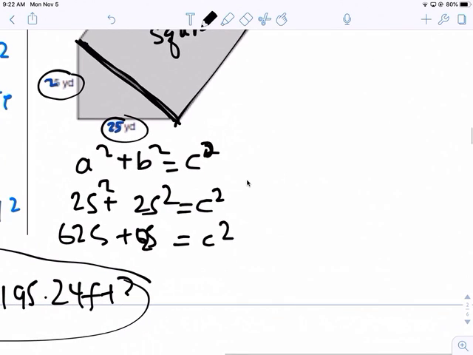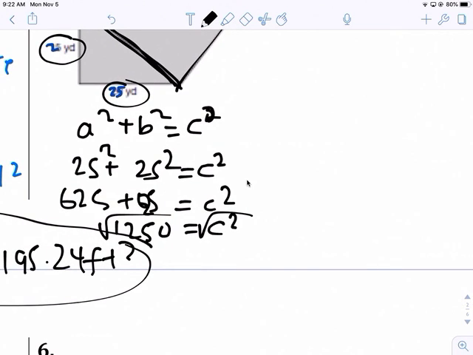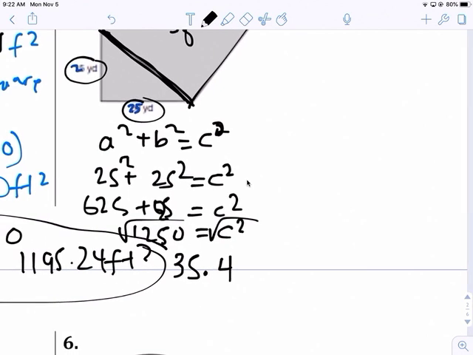You get 1250, right? Take the square root of 1250. You get 35.4, because 35.35 has a 5, so that 3 turns into 4 yards.